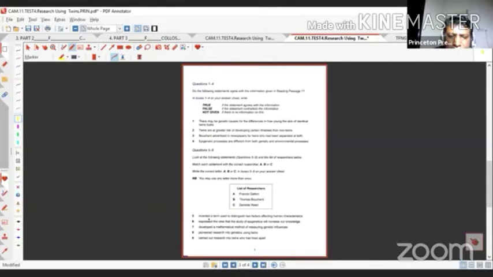This one is the list of researchers. How do you do that? I will have to match the researcher's name with the information given about them. Sometimes we have a list of 3 researchers here, but there could be more as well.